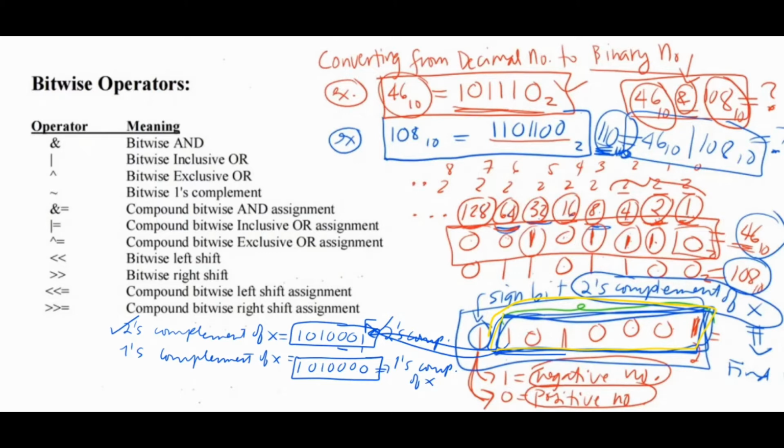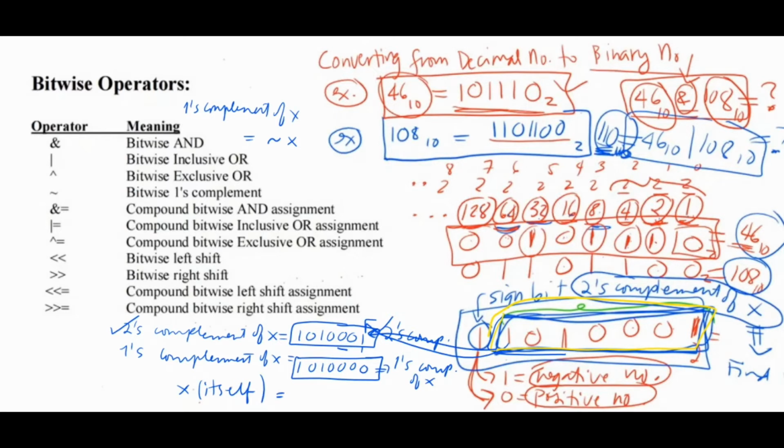And to get the x value itself, how do we get x from the 1's complement? From our previous discussion, remember that the 1's complement of x is obtained by performing the bitwise 1's complement on x.